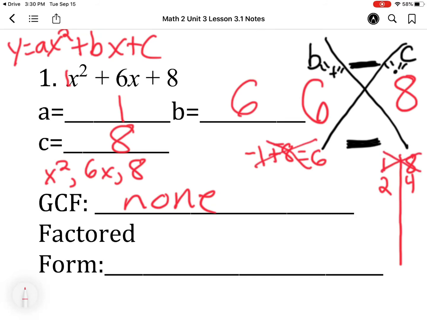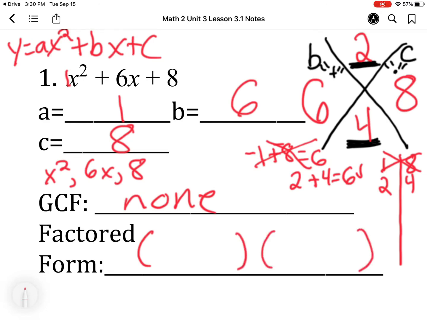What about 2 and 4? Can we do 2 plus 4 to give us that B? Yes. And that works out, we wanted that positive 6. So our magic numbers are going to be 2 and 4. Once you have your magic numbers, you're going to set your factored form up, 2 parentheses, whatever your variable was comes first in the parentheses.